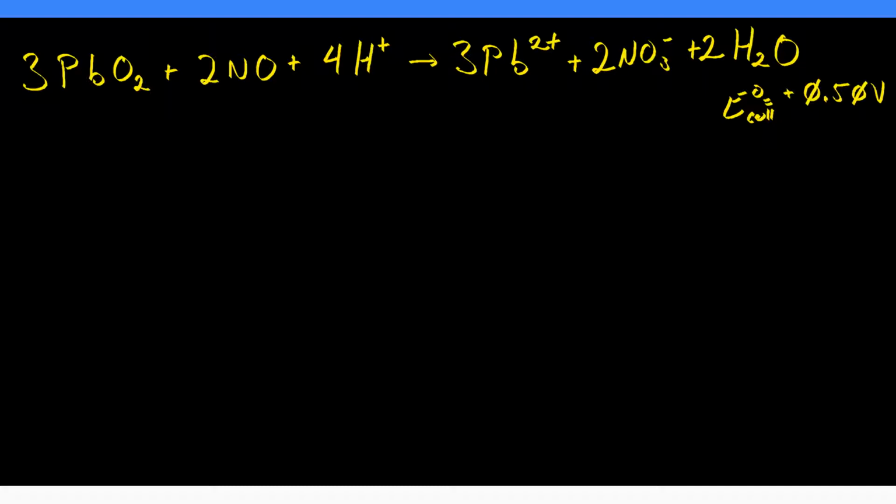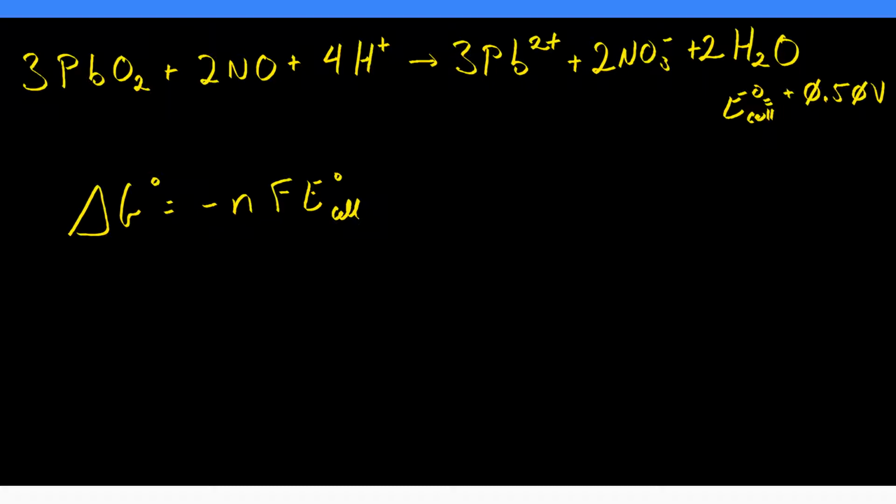Lead oxide plus nitric oxide plus hydronium yields lead 2 plus nitrate plus water, with a cell potential of 0.50 volts. So delta G standard equals negative nFE standard. We just plug in the numbers. Remember I told you to note down very carefully the number of electrons. Well, in this case it's 6, so that's n.